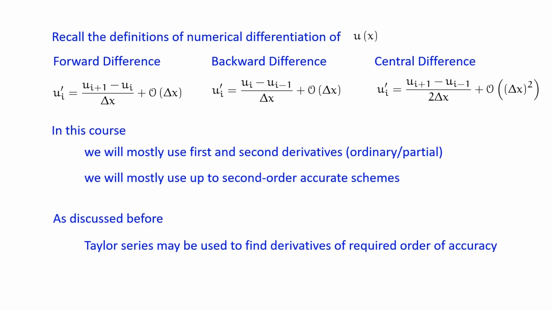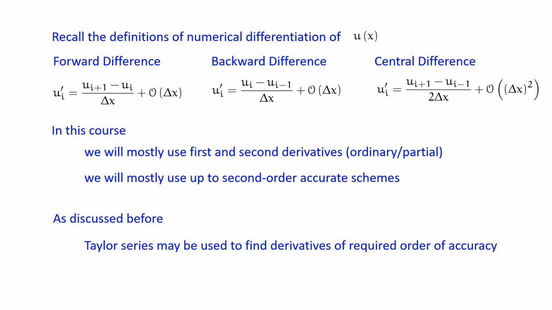We can generate schemes for derivatives using Taylor series analysis. Of course, there are other ways of finding derivatives, and we'll discuss one more in an upcoming lecture. But you will see that Taylor series analysis is in general the easiest way to find numerical derivatives.